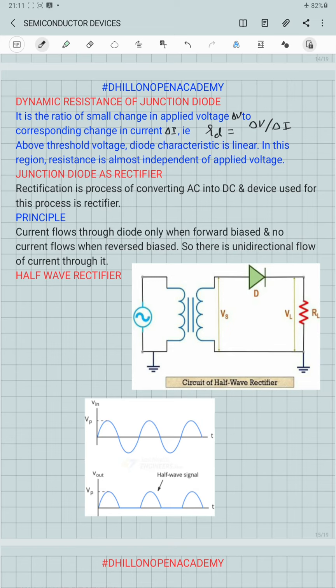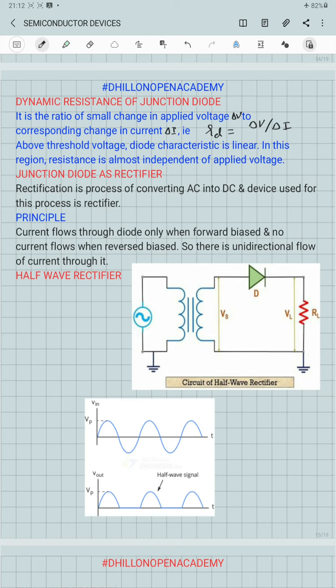So there is always a unidirectional flow of electric current through it, only under the condition of forward biasing. This basic idea, that a diode allows the current to flow through it only during the forward bias condition, can be used to change an alternating current into a direct current. We have various types of rectifier circuits. We are going to study the basics of two.